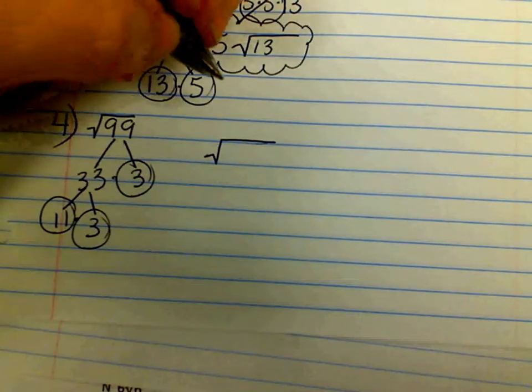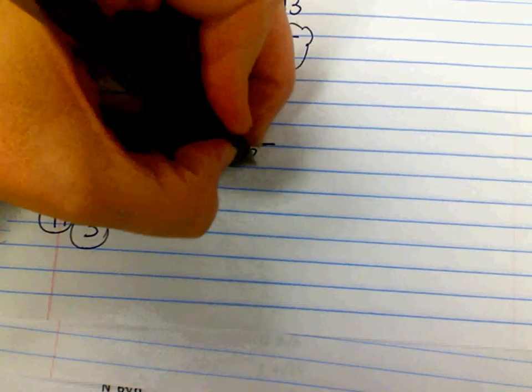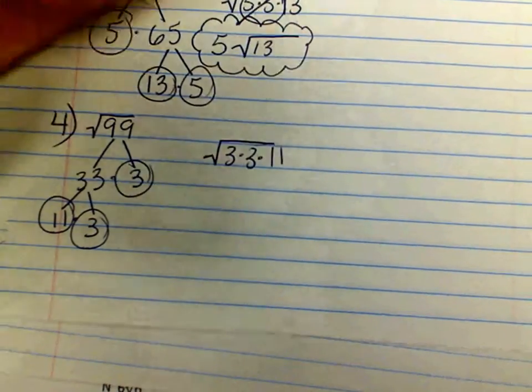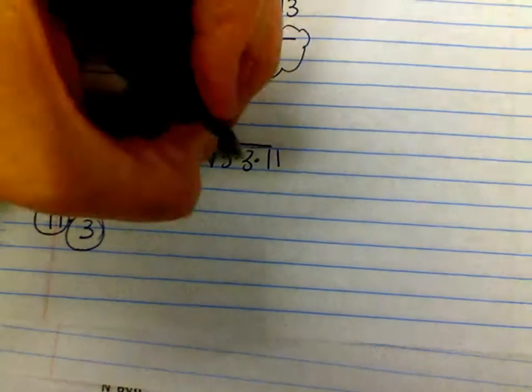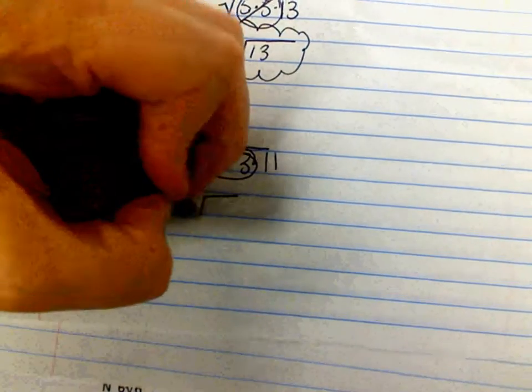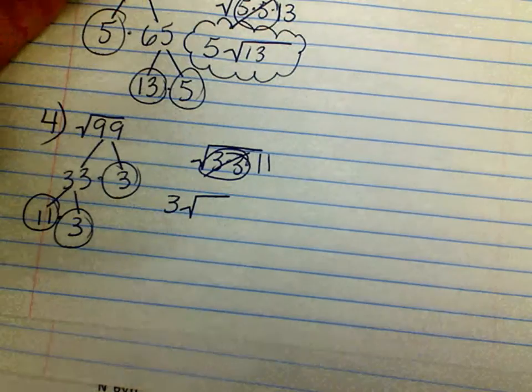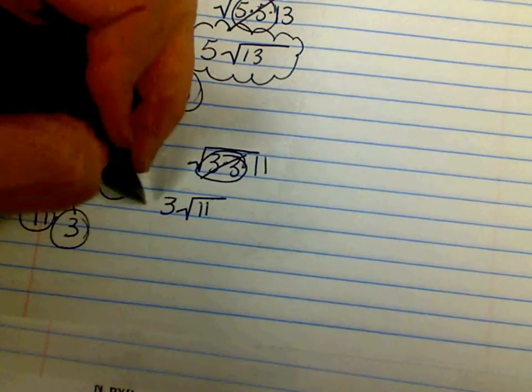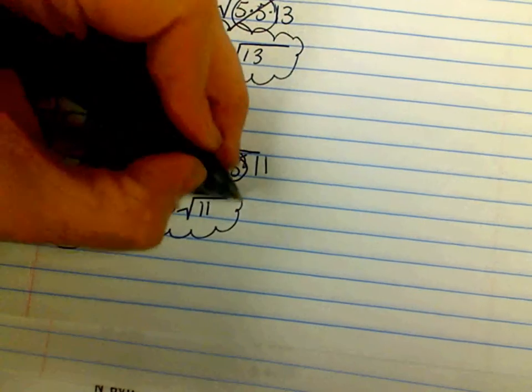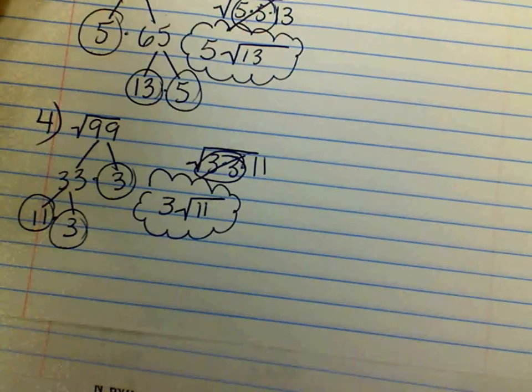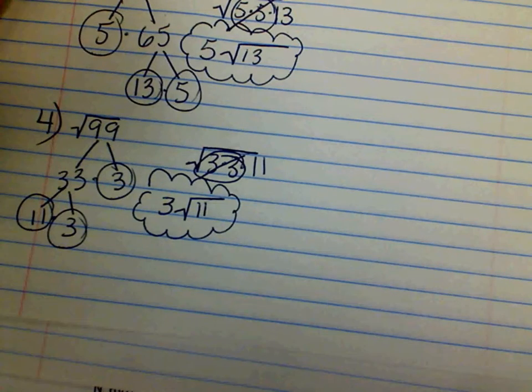Put your prime factors underneath. 3, 3, and 11. Circle your pair. Cross it out. 1 goes out. So you get 3 times the square root of 11. That is the simplified version.